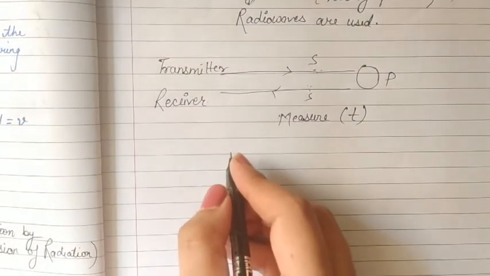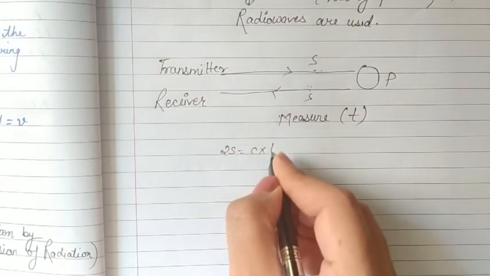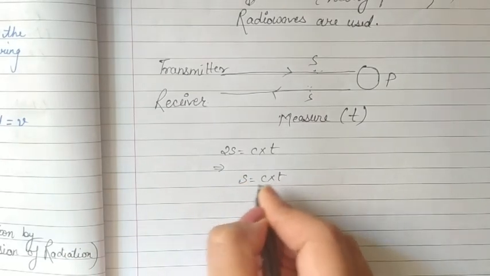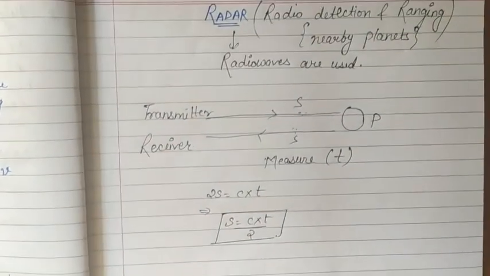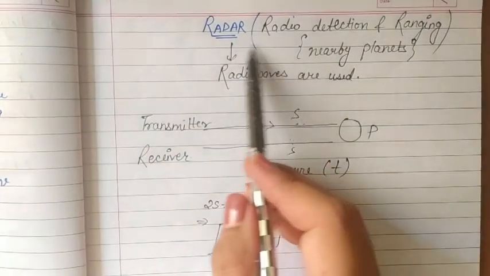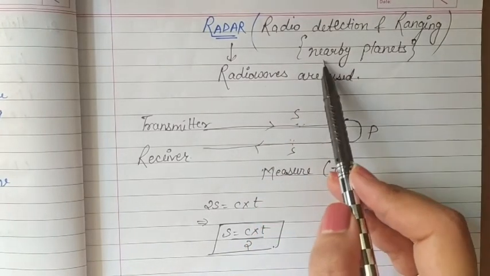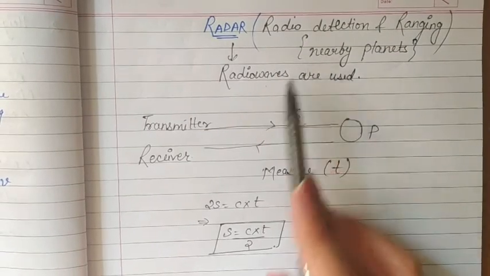Okay, so the formula again becomes 2s is equal to c into t, that means we get s is equal to c into t by 2. So the formula remains same in case of radar, only the wave is changed, and by changing the wave we mean now we are considering some nearby planets. If we have planets farther, then we have to use laser.